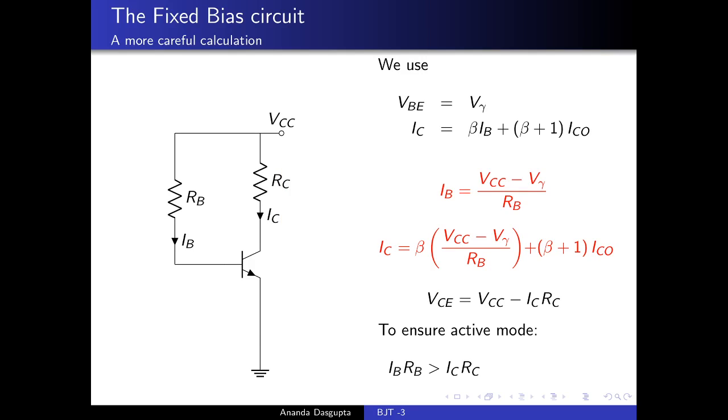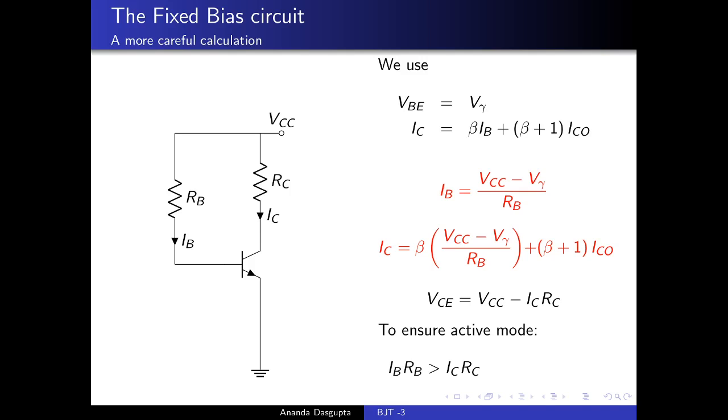And this is very important. If you want to ensure the transistor is in the active mode, what you must ensure is the drop across the resistance RB must exceed the drop across the resistance RC. Why? Because that is what will make the base go below the collector in voltage, which is what you need for the reverse bias.